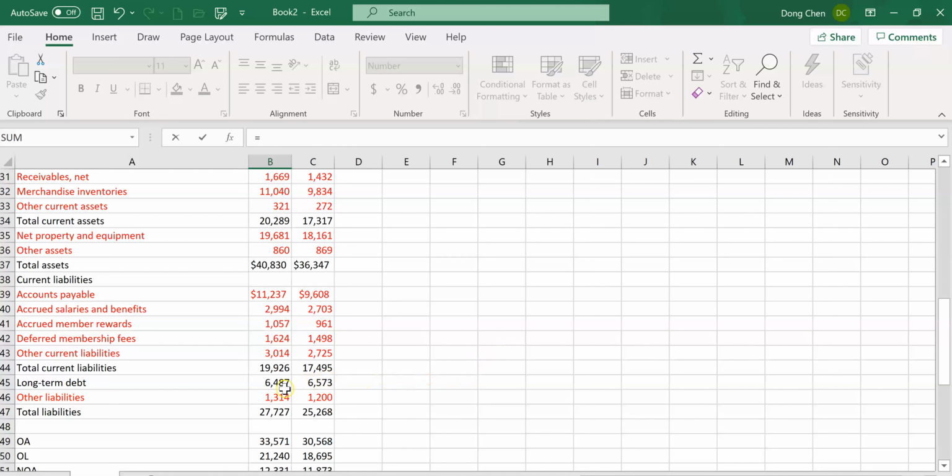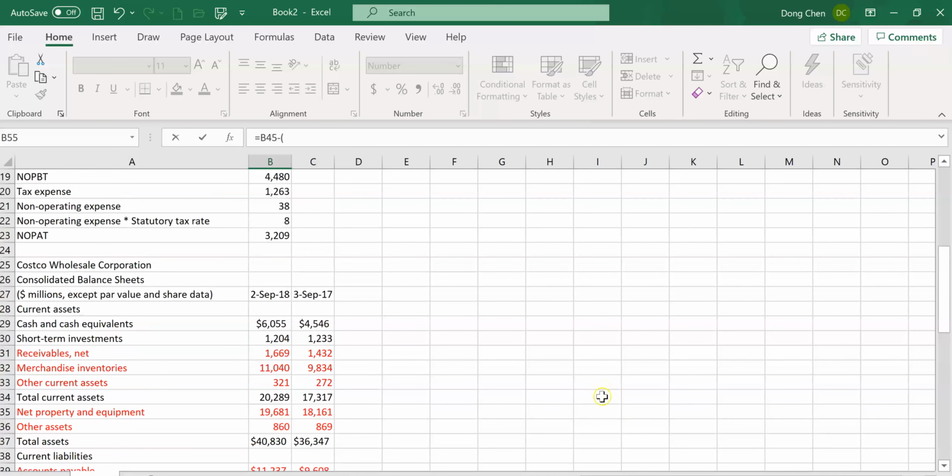In this case, it's just the long-term debt. I think there's only one item on the liability side of the balance sheet which is non-operation related, which is long-term debt. And then we subtract the summation of all the asset side items which are not operation related. In this case, we have two items, which are cash and short-term investment.